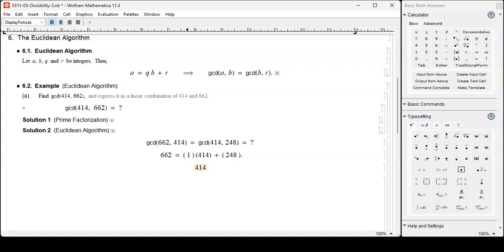Divide 414 by some quotient times 248 plus the remainder, like this. The division algorithm. Let's see. 248 times 2 is 496, which is too big, so the quotient is still 1. And the remainder is, I'm getting tired of this, so instead of doing mental math, let me cheat.